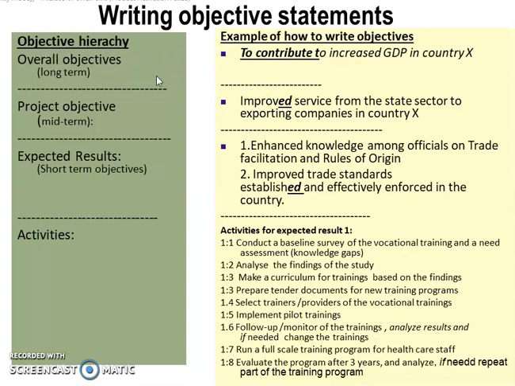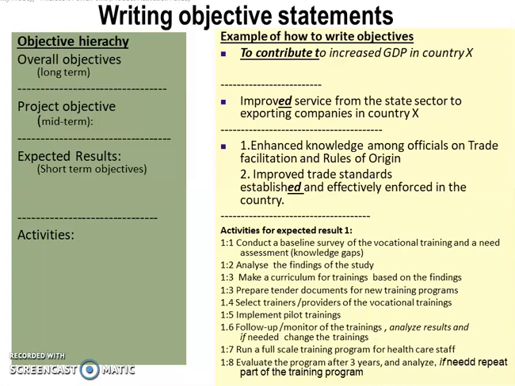This is not within the reach of the project, as I tried to indicate. The achievement of this project objective by the project just contributes toward the overall objective. I hope you understand this.